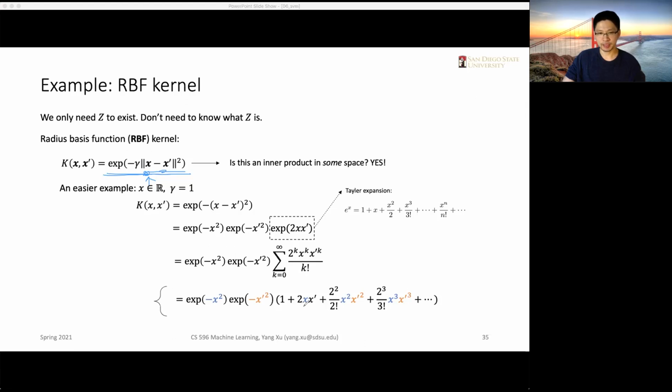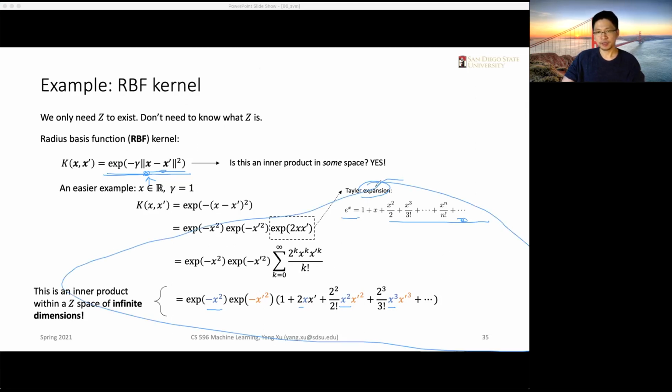If we think of the blue part as a vector and the yellow part as a second vector, it's still an inner product in some Z space, but the dimensionality is infinite because the Taylor expansion of the exponential function never ends. This just showcases that the RBF kernel that looks like this is valid. It still refers to some inner product in Z space.